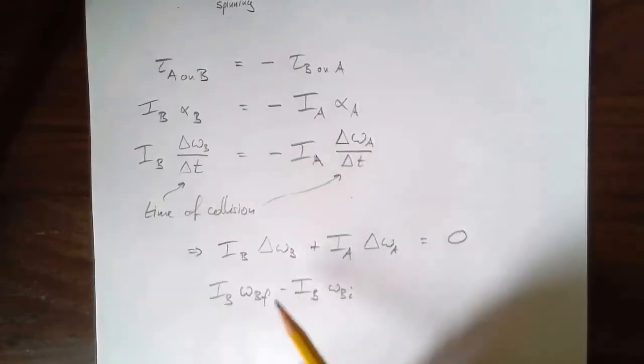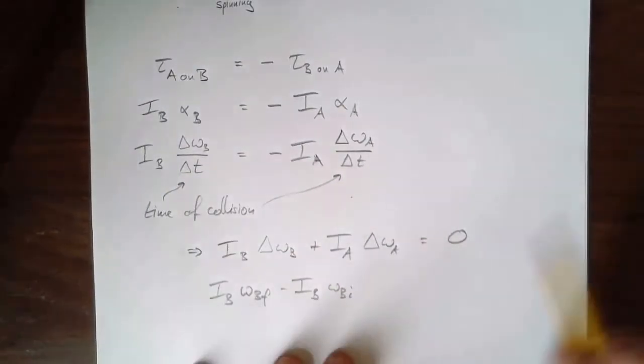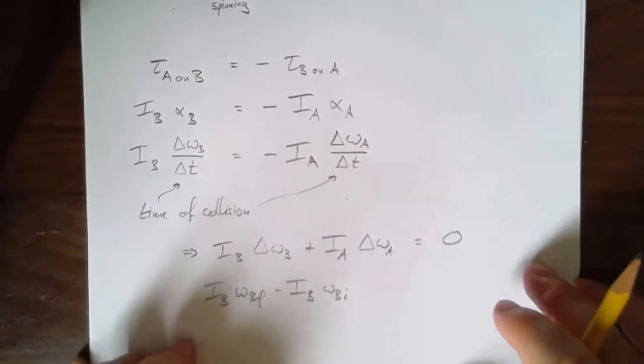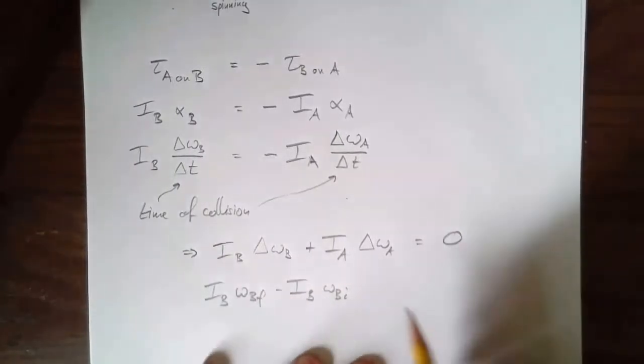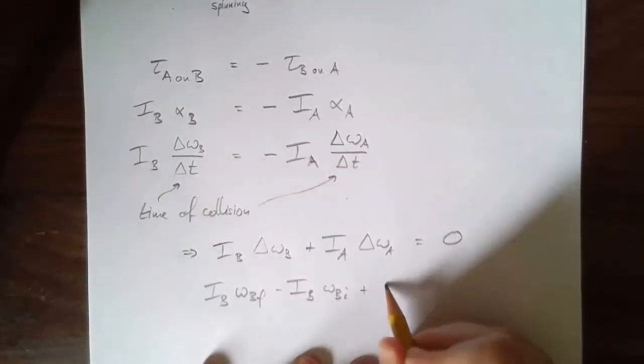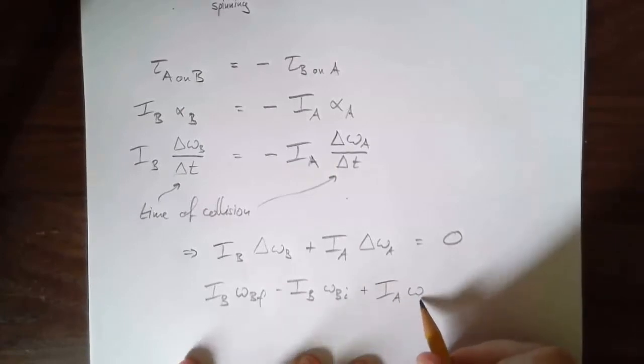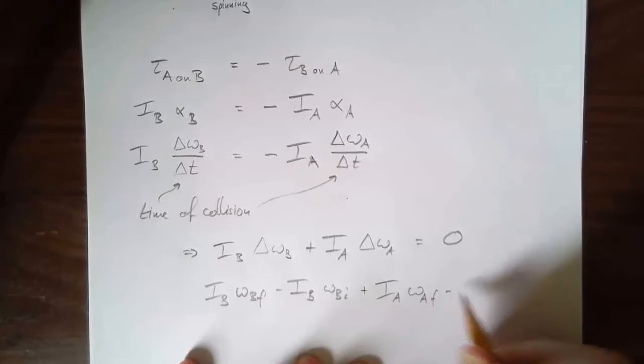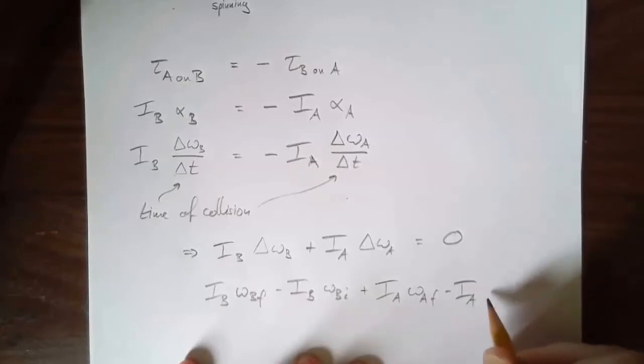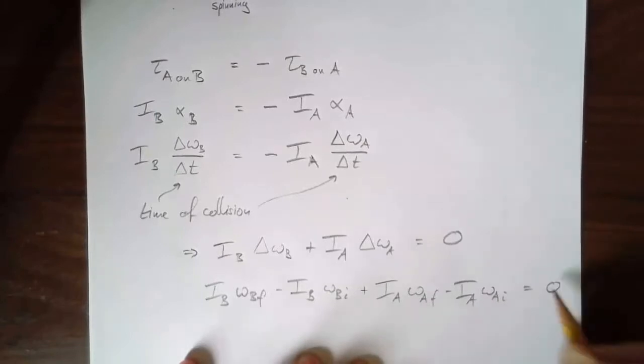Of course, initial and final meaning just before and just after the collision. I don't care what happened earlier, I know what's happening half an hour from now. Plus I_a omega_a final minus I_a omega_a initial, that's equal to 0.